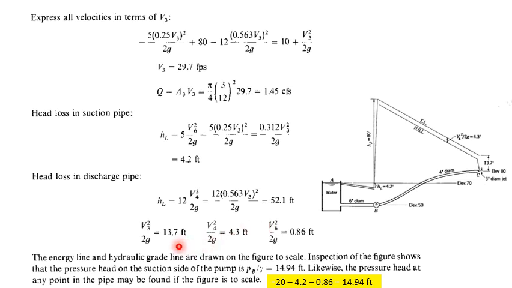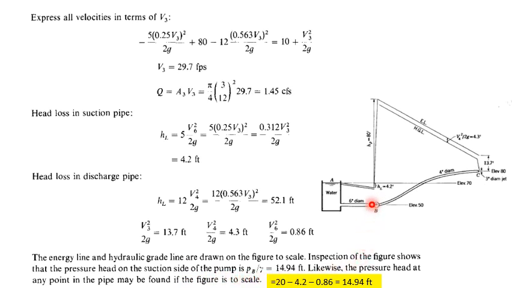And so we have also calculated the velocity heads as well, V3 square over 2G, V4 square over 2G, and V6 square over 2G, which is 0.86 feet. So finally they had asked us to calculate the pressure head on the suction side of the pump, PB over gamma.